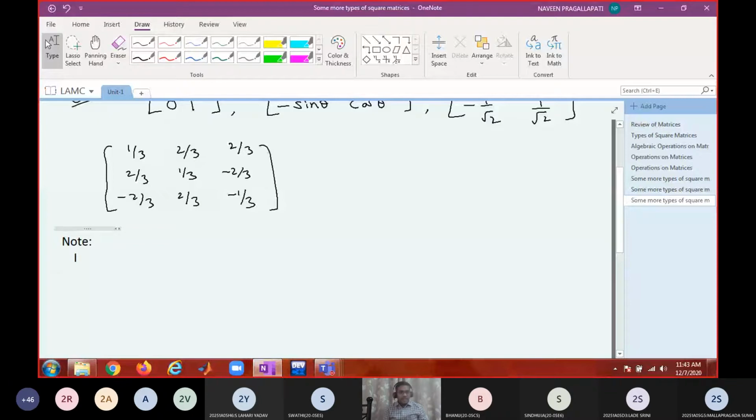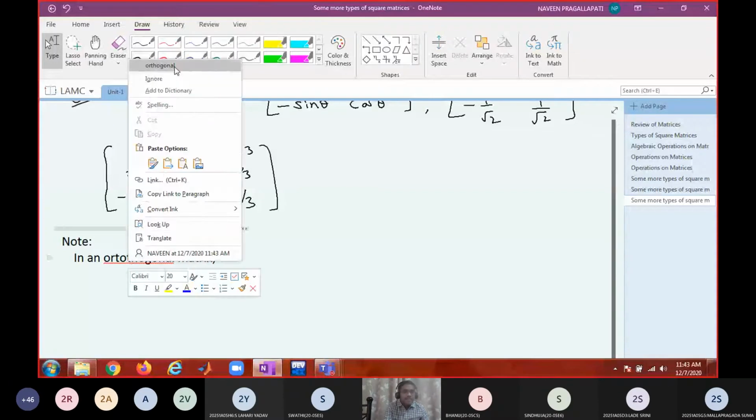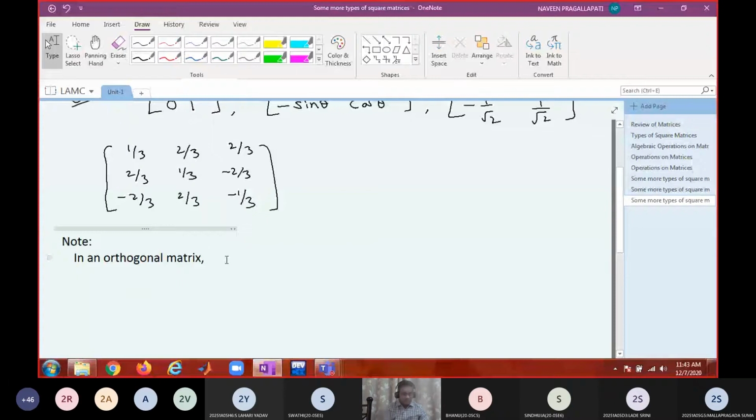In an orthogonal matrix, each column vector is a unit vector.